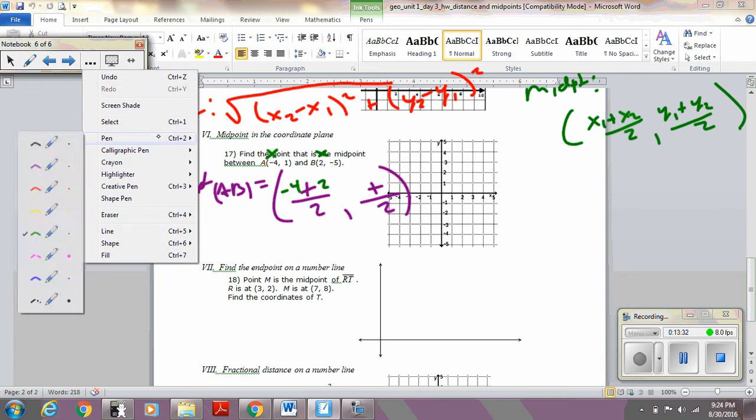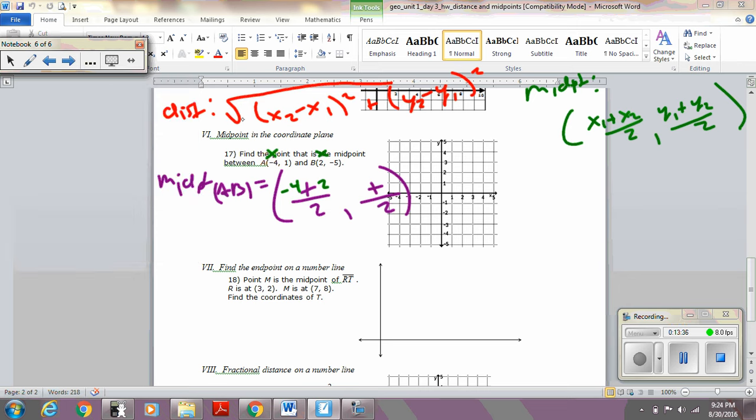And you have to add y's with y's. So one y is 1, the other one is negative 5. So 1 plus negative 5. Again, I'll do this one in my head. So negative 4 plus 2 is going to give me a negative 2. 1 plus negative 5 is going to give me a negative 4.